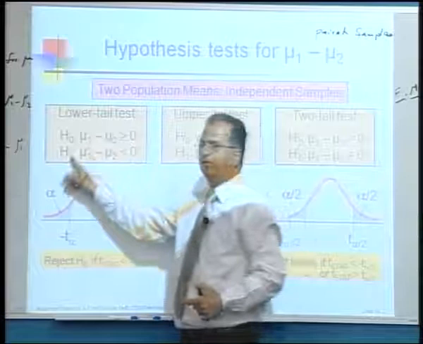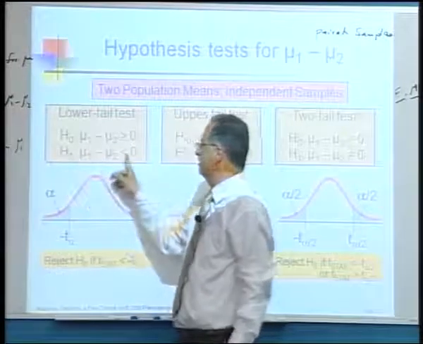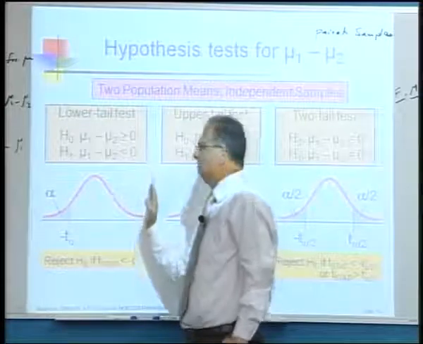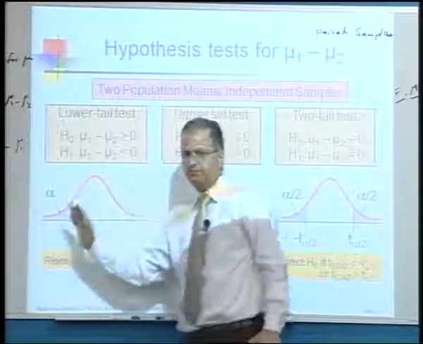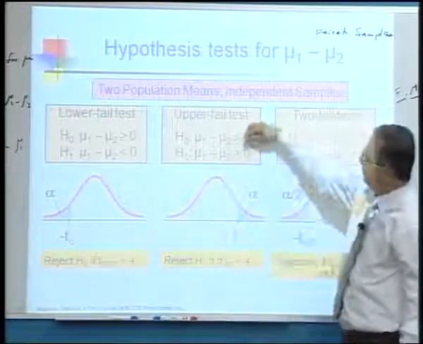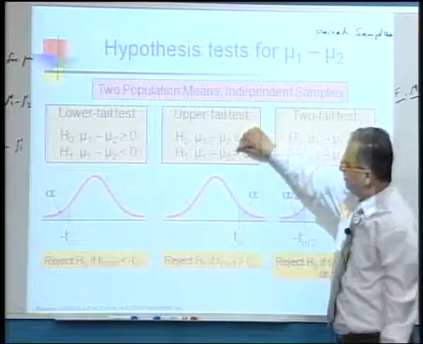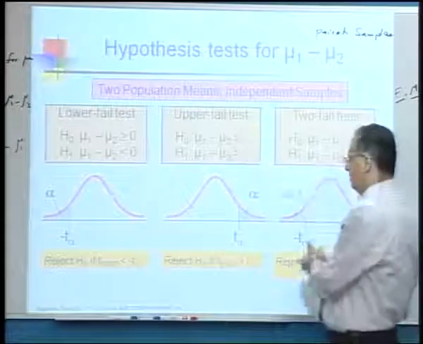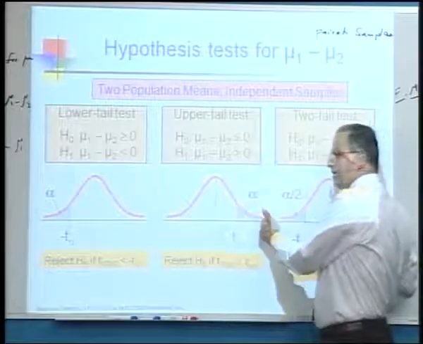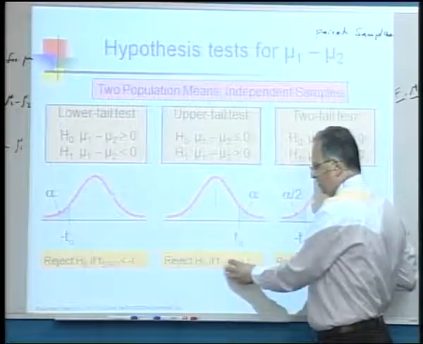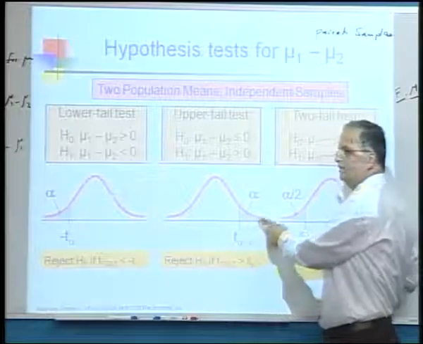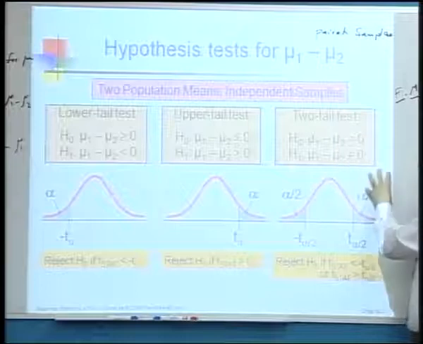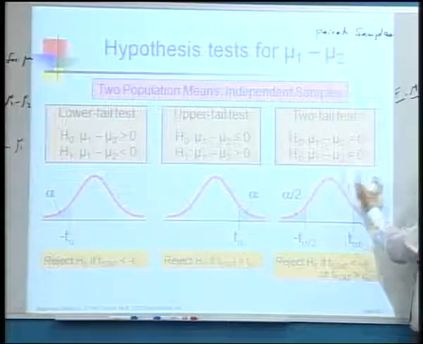If the alternative hypothesis is negative, I mean smaller than 0, it means the rejection region should be to the left side. So here, under the alternative hypothesis, mu1 minus mu2, the difference is positive. That means the rejection region is to the right side. So we reject the null hypothesis if the statistic is greater than t alpha. But here for the two-sided test or two-tail test, there are two regions.